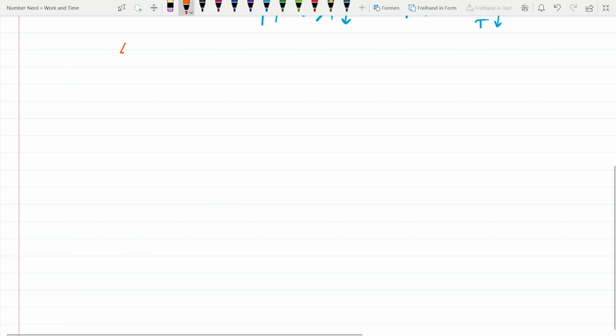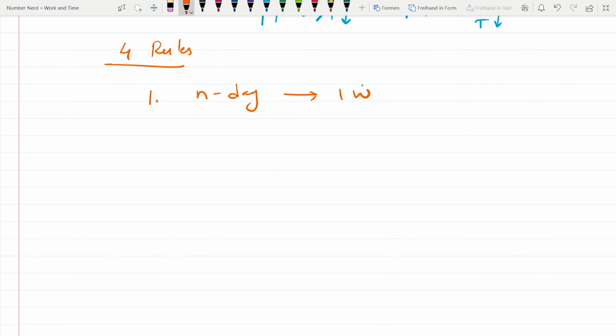Now let's discuss the four fundamental rules that we should know before solving any type of work and time related problems. Rule 1 is, if a person takes n days to complete a work, then the work he will complete in one day is 1 by nth of the work.